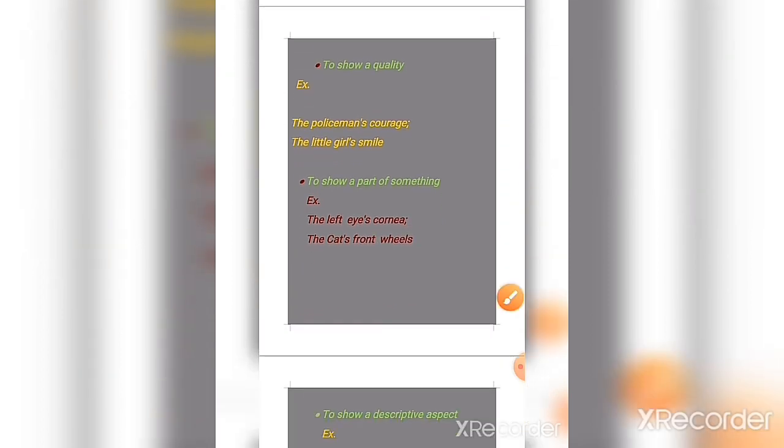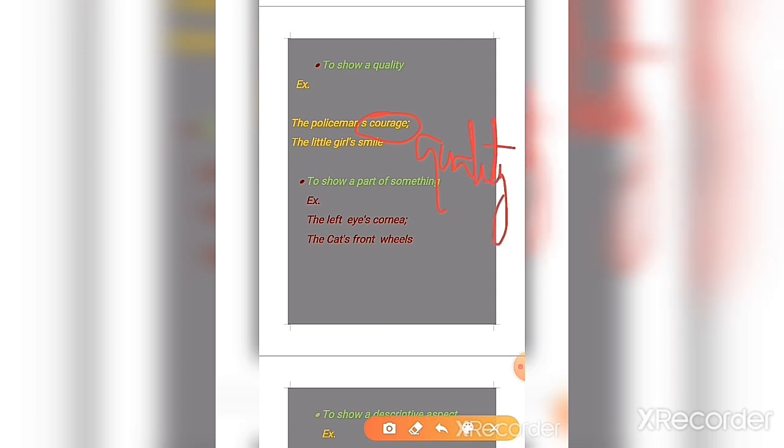Clear? It is also used to show a quality: the policeman's courage. The word courage is used as a quality. Clear? Now the little girl's smile, that is again a quality.